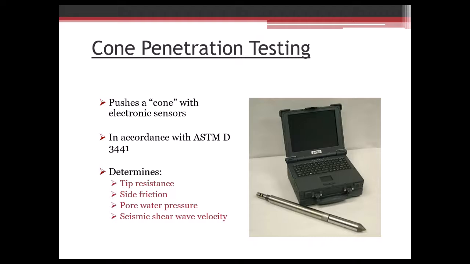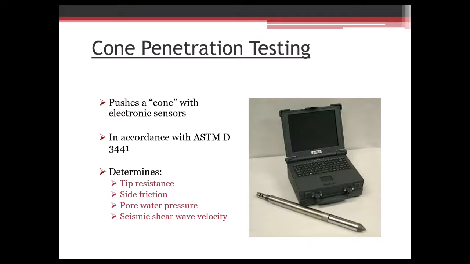Inside that cone, which is about 2 feet long, in the bottom portion, we measure the resistance on the conical tip. There's a 6-inch friction sleeve above that, where we measure the friction on that piece of metal. And then if you look at that cone, there's kind of a ring there. And right around where that ring is, there's a seismic geophone.